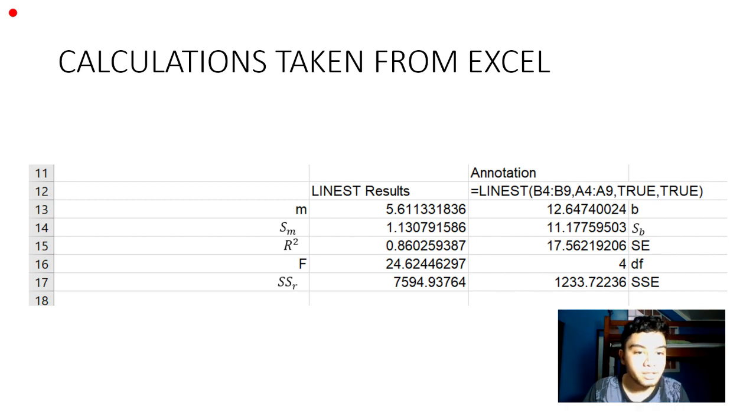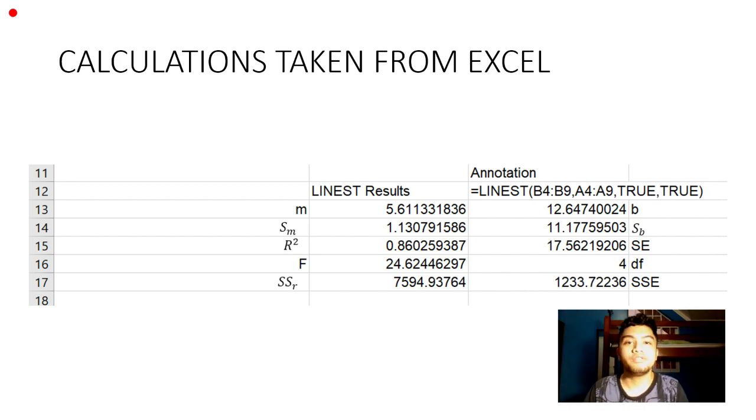After using these three data, let's go back to the table. We see that the equation is 5.6113x plus 12.647. The 5.6113x is the slope, then 12.647 is the intercept. Now, why is there an r squared here? The r squared determines whether the equation given was linear or not.